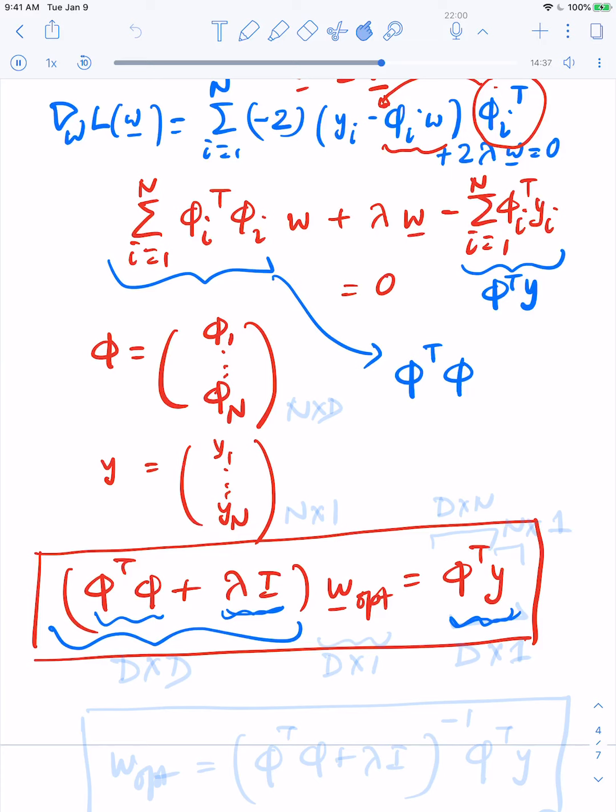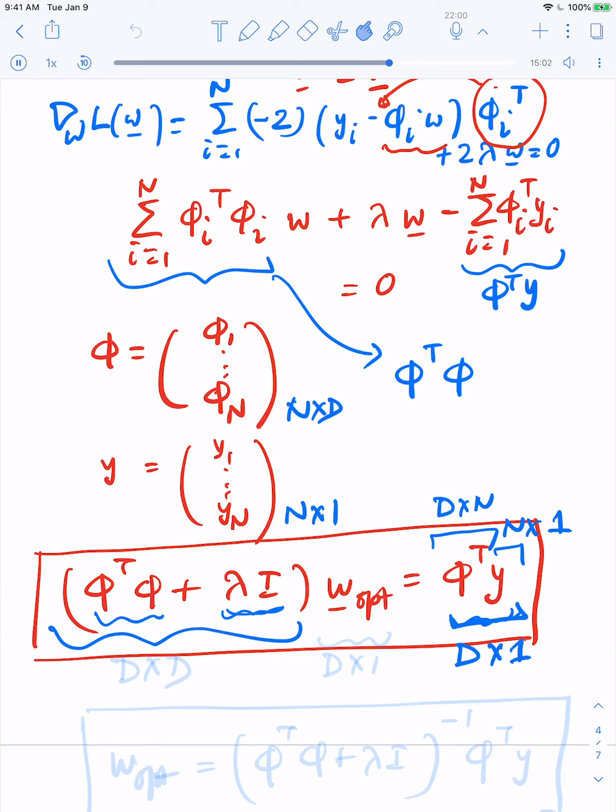Just a quick dimension check. Remember, phi is n cross d, y is n cross 1, phi transpose is d cross n. Multiplied by n cross 1, that gives me a d cross 1 vector, which is good.